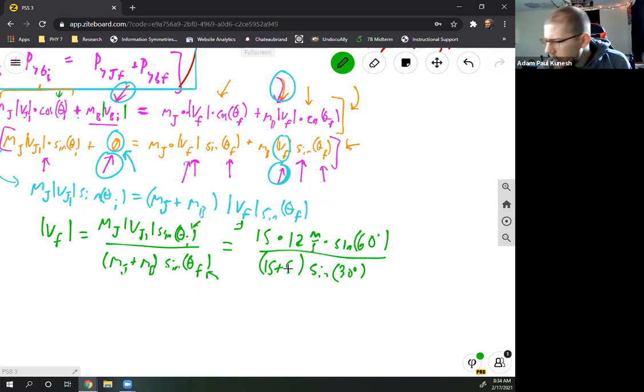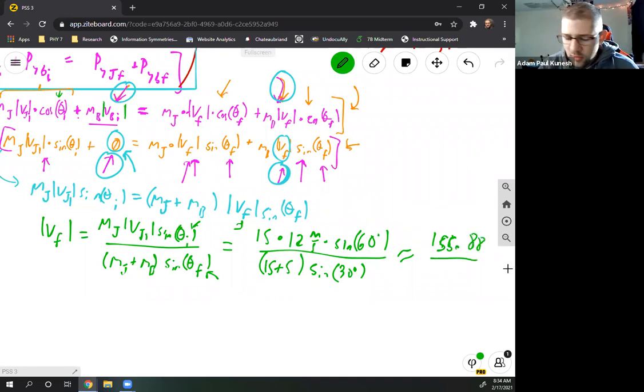All right. And if I try to run that calculation, let's see if I can make too many typos in my calculator. 15 times 12 times sine of 60 is 155.8 on top. 155 point, that's supposed to be 5, so S's. All right, 155.88 on top.